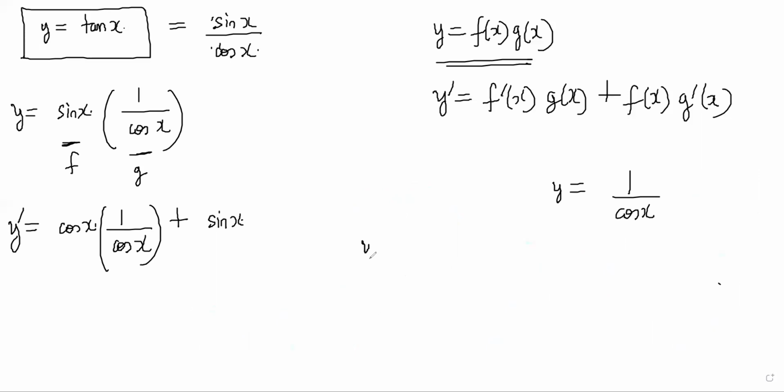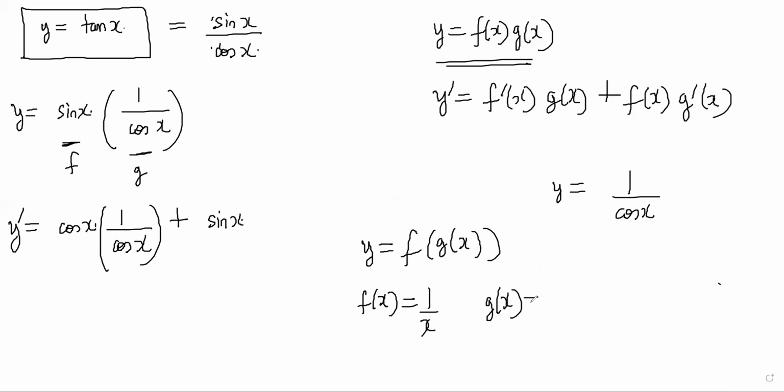So it can be thought of as f of g of x, where f of x is doing reciprocal and g of x is doing cos x, right? Give an input of x, then g of x becomes cos x, so this becomes f of cos x. And then f does what? It does reciprocal.